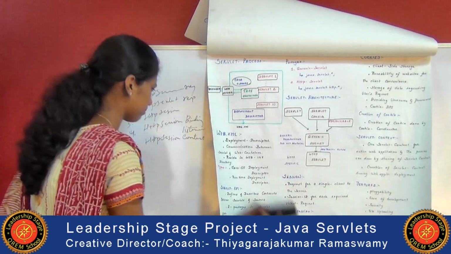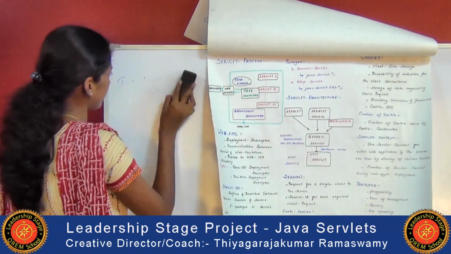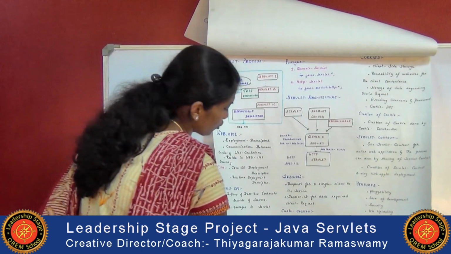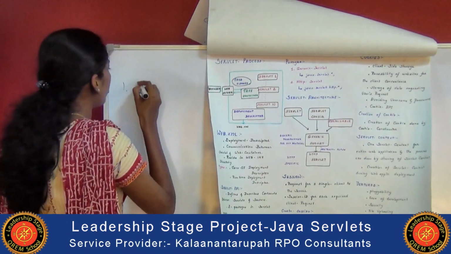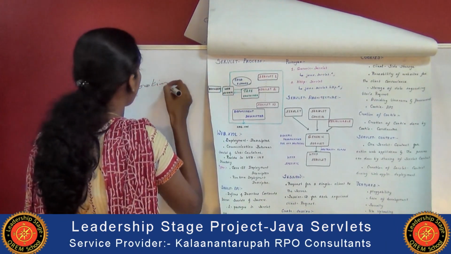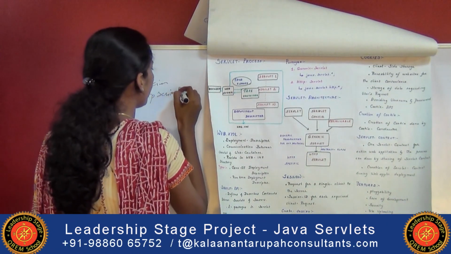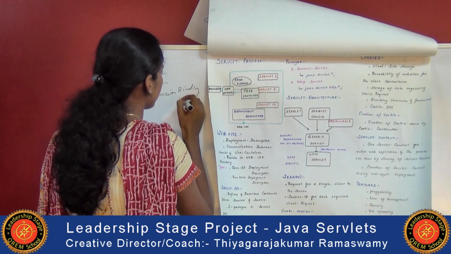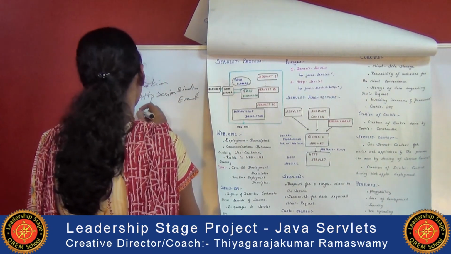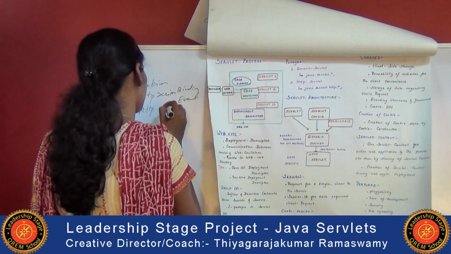Therefore, we have three types of classes present in HTTP servlet. The first is cookies, the next is HTTP session binding event, and the third is HTTP utils.